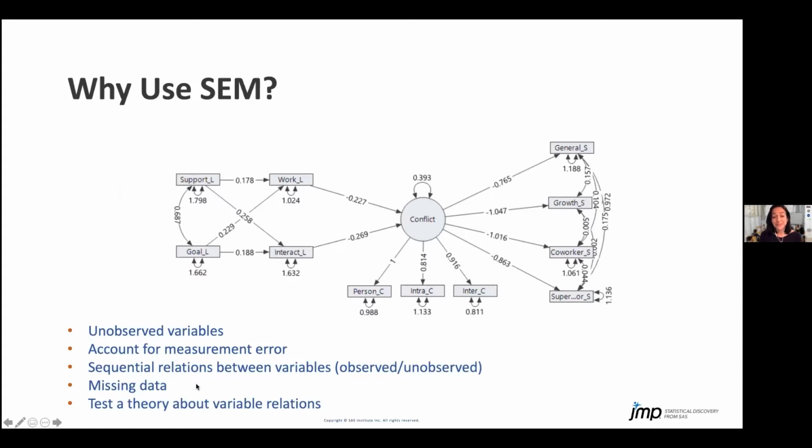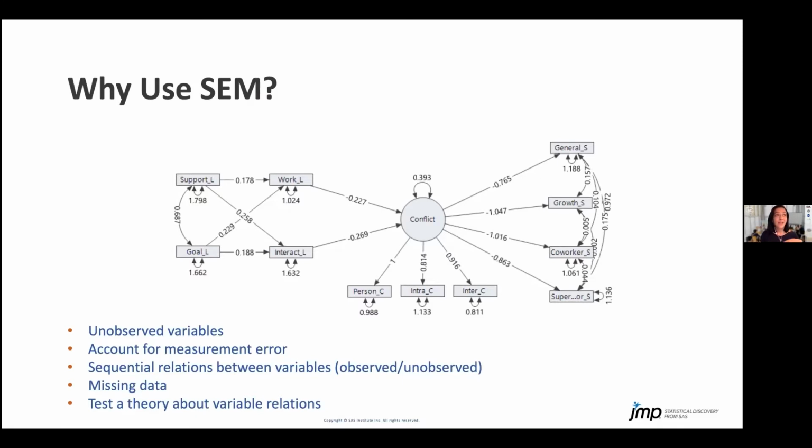Another reason is simply missing data, right? Most real data have some missingness in them, and SEM, I think all software has an estimator that allows us to use the most cutting edge techniques for handling missing data.